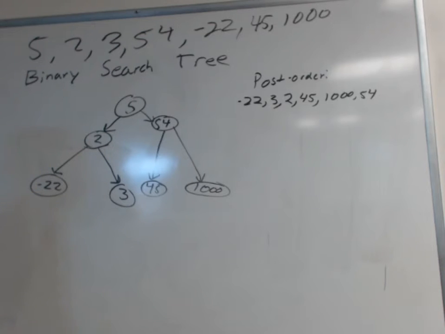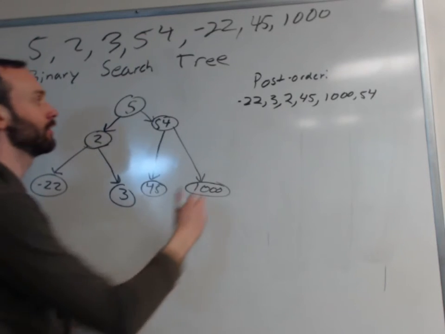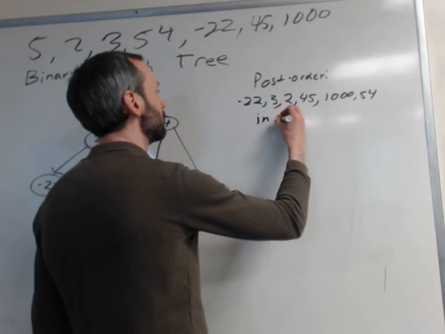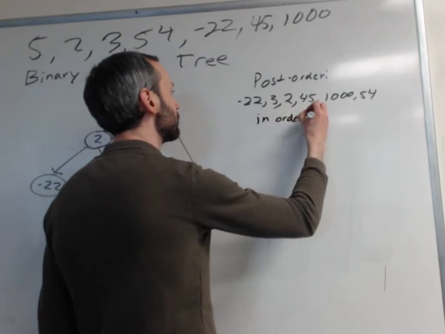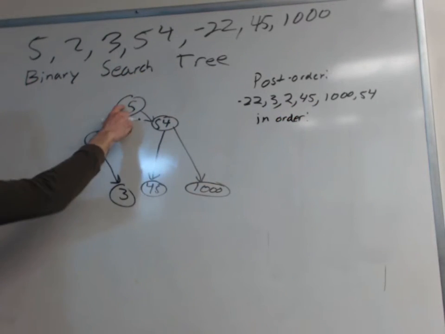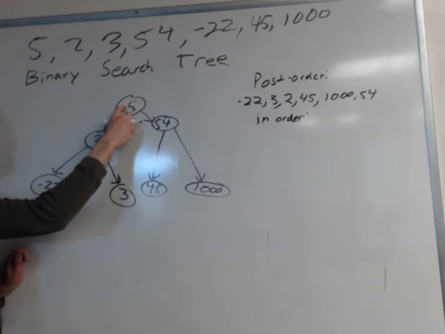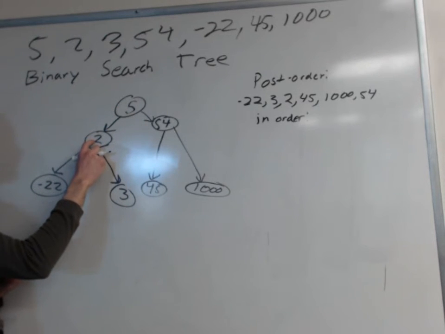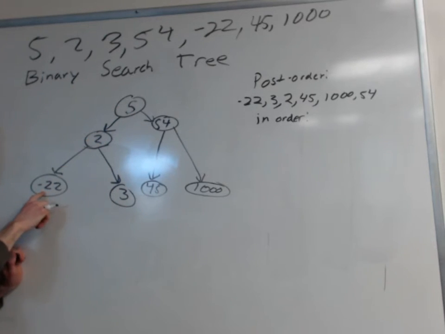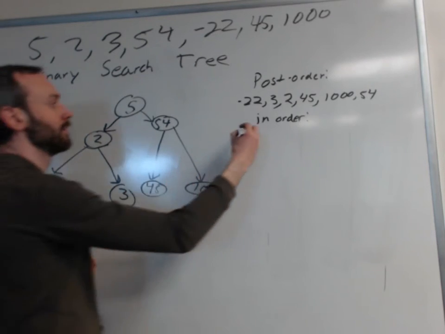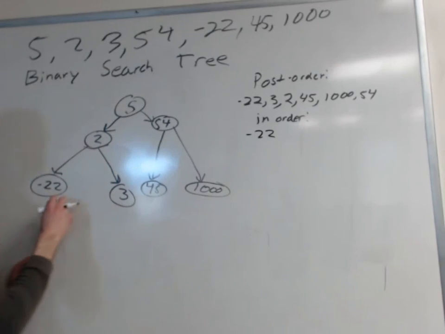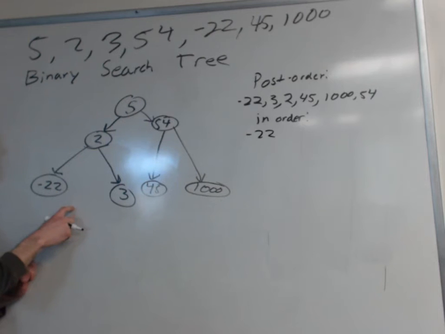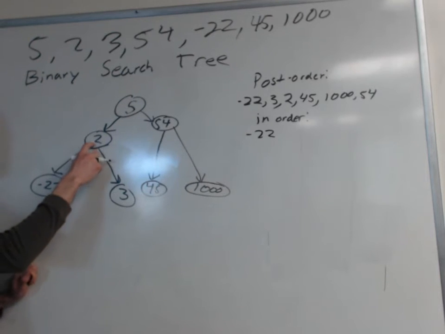I'm going to tell you the other way. It's called in order. You print it after you visited the left child. So 5, you haven't visited the left child. 2, okay. So the first is the negative 22, because that's when you come back. And then you visit the right child, nothing there, pop up.